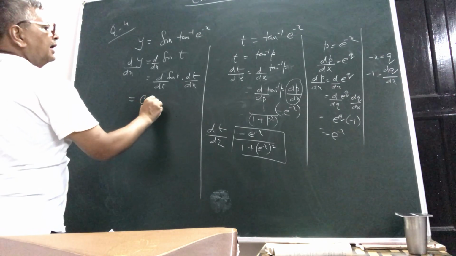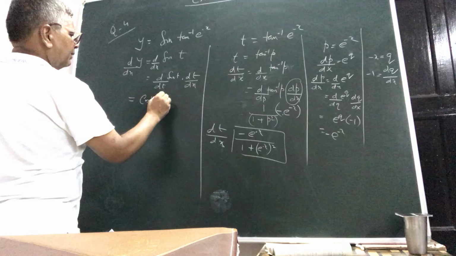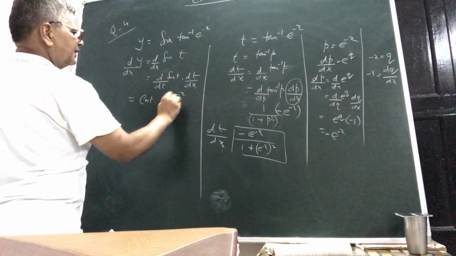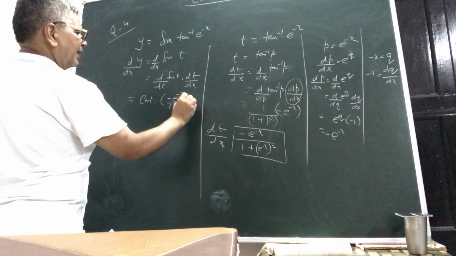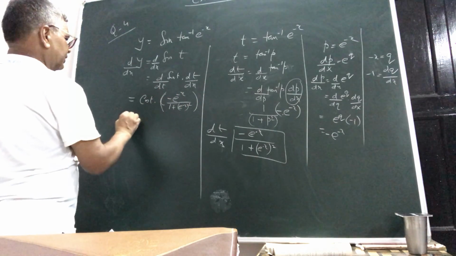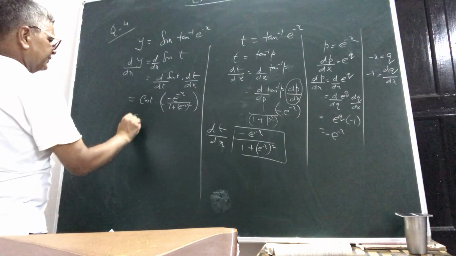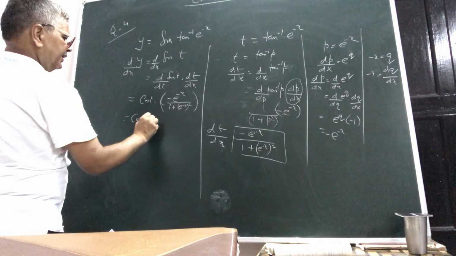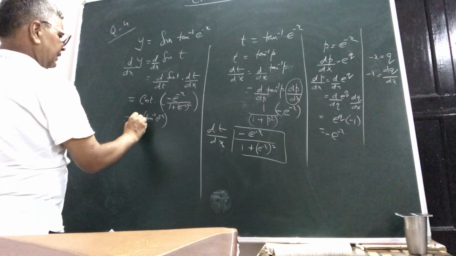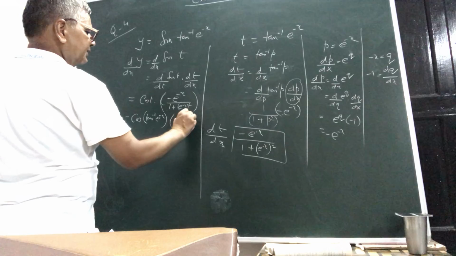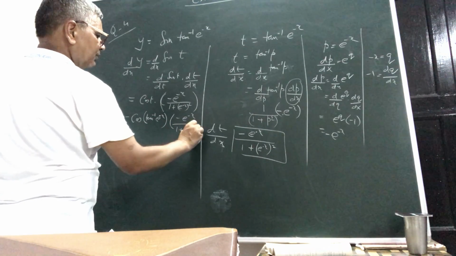Cos of t, and dt by dx from here, it is minus e raised to power minus x upon 1 plus e raised to power minus x whole square. Put the value of t here. t is here tan inverse e raised to power minus x. So cos tan inverse e raised to power minus x, and then into minus e raised to power minus x upon 1 plus e to power minus x whole square.